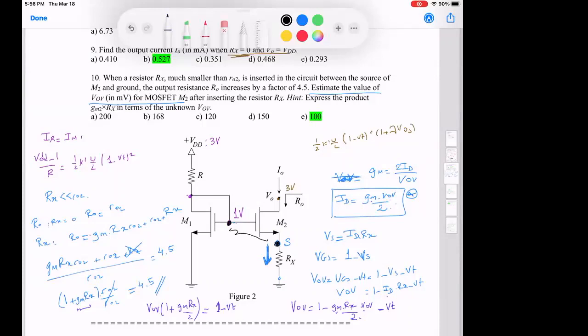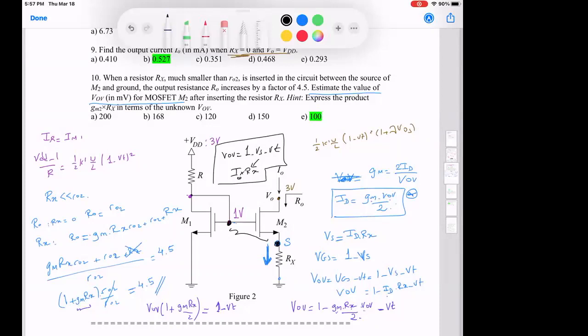So VOV is really equal to 1 minus VS minus VT, and VS is actually IO times RX. And IO I can express as a function of GM and VOV. This is an important relation for us to know.